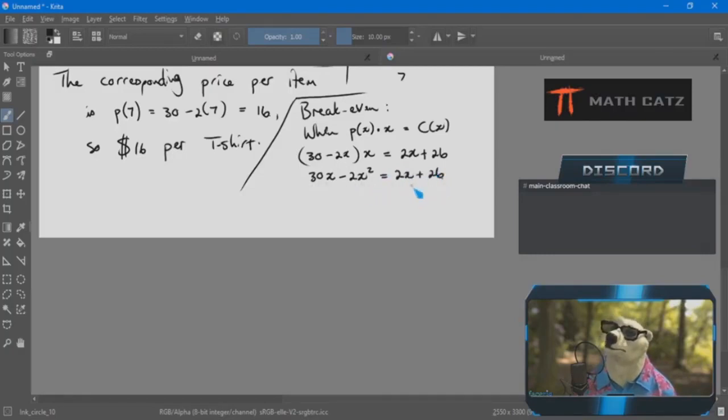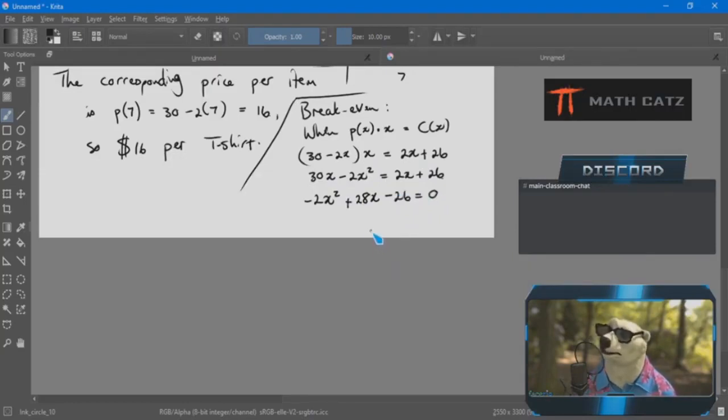So now I have a quadratic equation, which means group everything on one side. It doesn't really matter which side. Negative 2x squared. I have a 30x here, minus a 2x gives me a 28x. Take the 26 over as well to give me a minus 26, equal to 0.